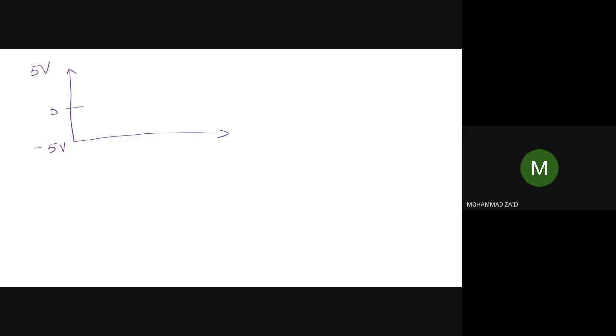You will get an underdamped response in the circuit, and it will first increase to some value. Let me draw it properly. I will try my best to convey, otherwise you can look into books, it is written. So it will have an underdamped response, like this. Finally, it will settle down to 0.